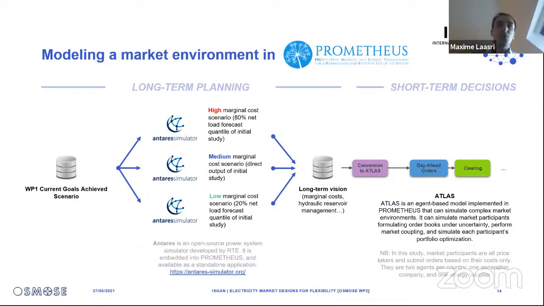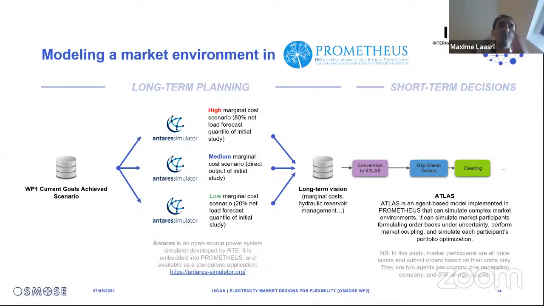So what we do is we launch this tool 3 times with 3 different scenarios. We take one scenario as an input, and using some historical data on forecast error on wind power, solar power, and load, we change the net load according to realistic errors that could happen. And we launch the tool 3 times to have different scenarios.